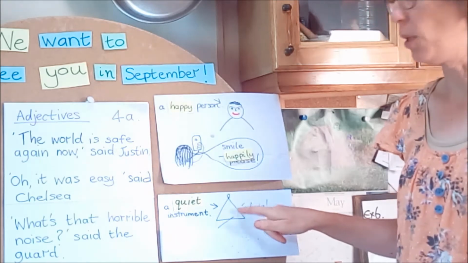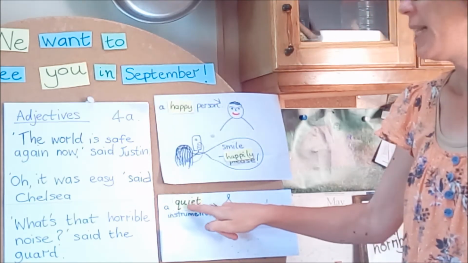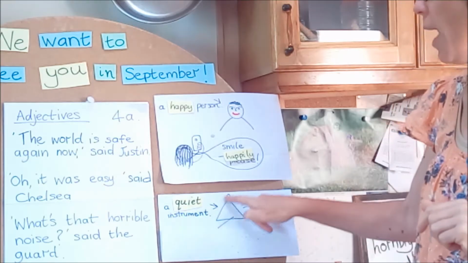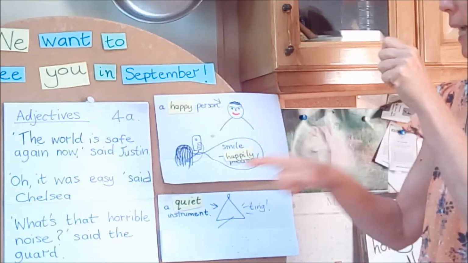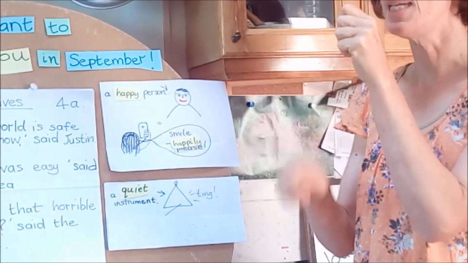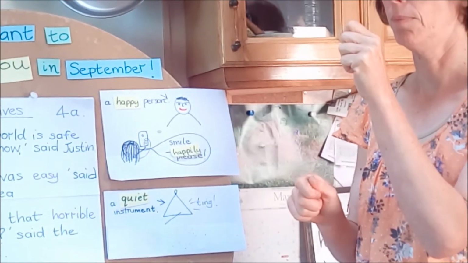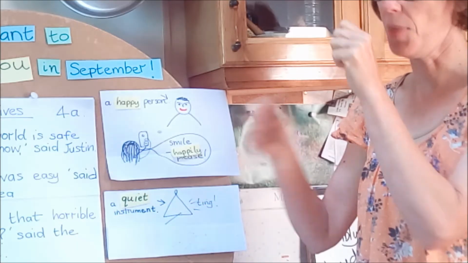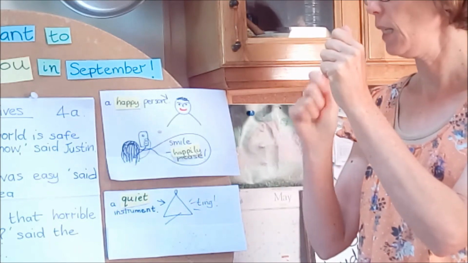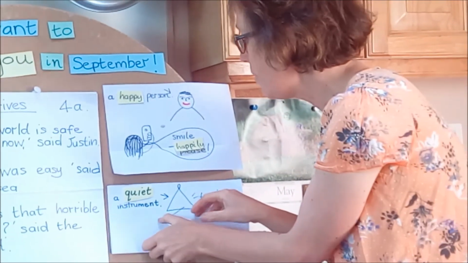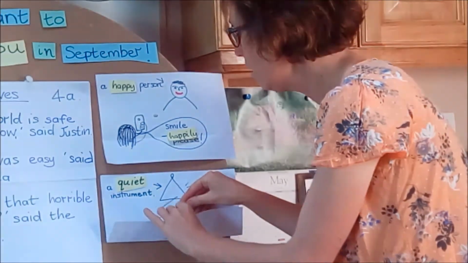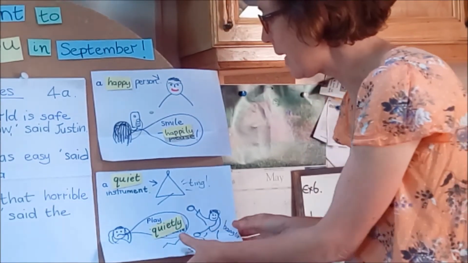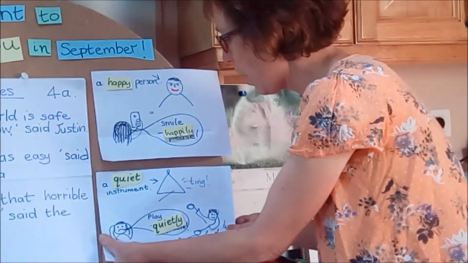Let's have another example. This is an adjective, quiet. This triangle is a quiet instrument. This adjective describes the thing, the noun. But in this situation, look, somebody is playing the drums.